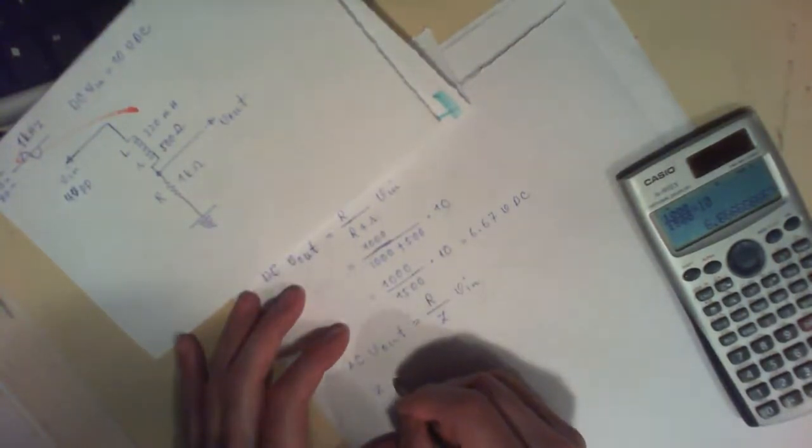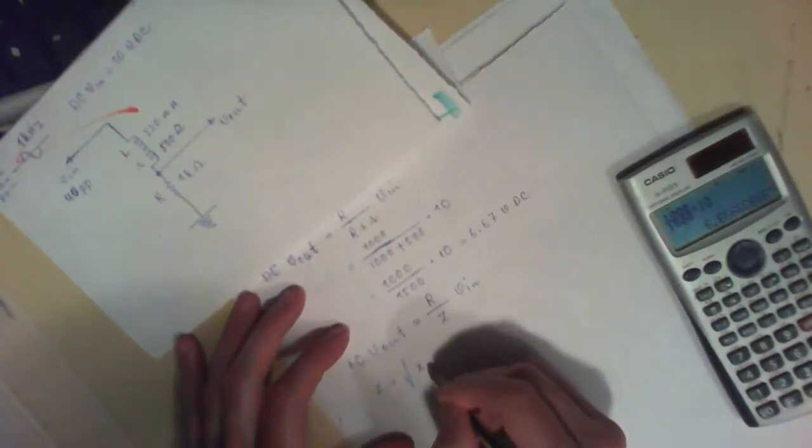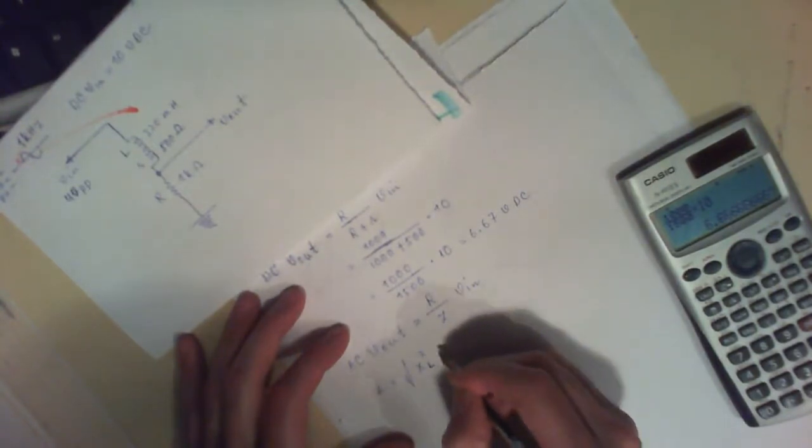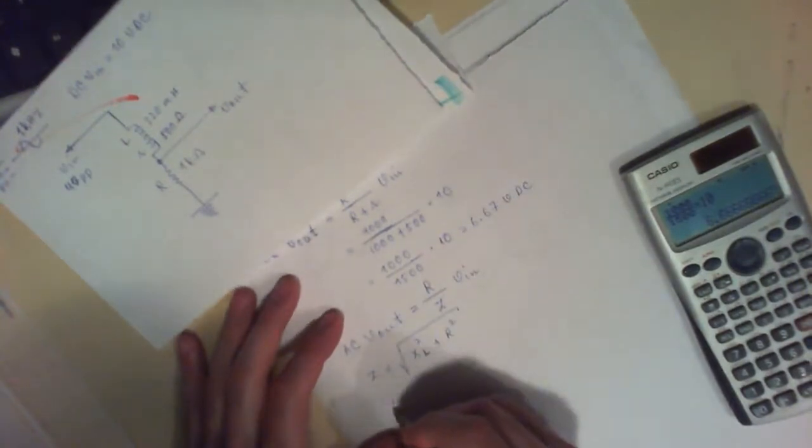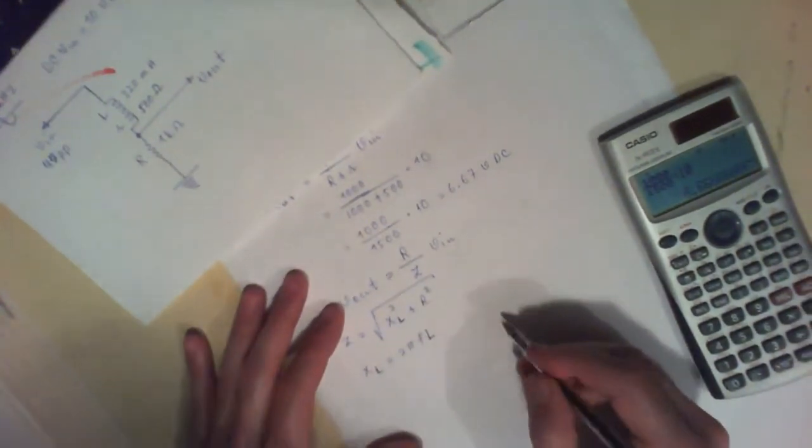So your Z is equal to the square root of X of L squared plus R squared. And your X of L is equal to 2 pi FL.